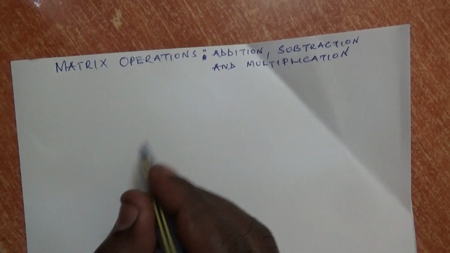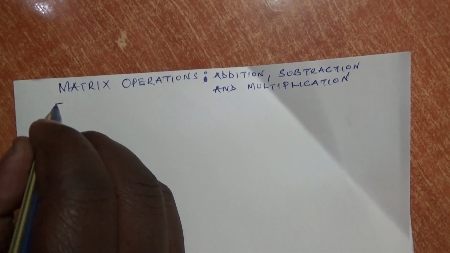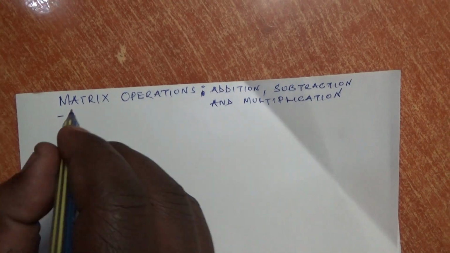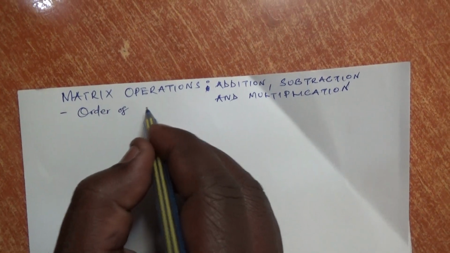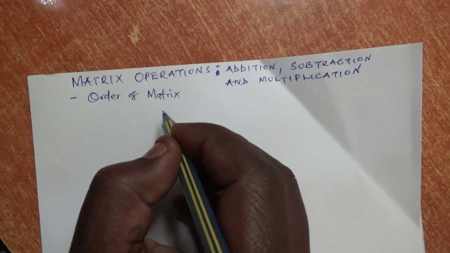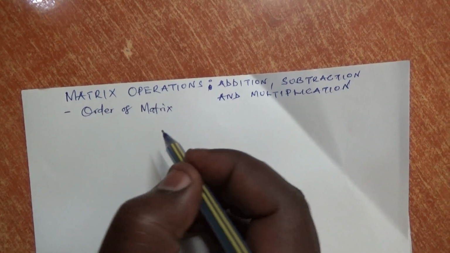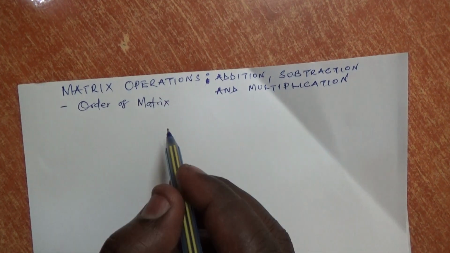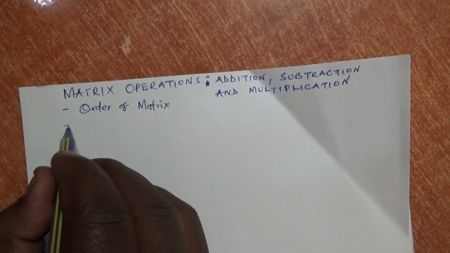So the first thing that I want you to understand is what we call the order of matrix. Okay? I want you to understand that, and then I want you also to understand elements of a matrix.